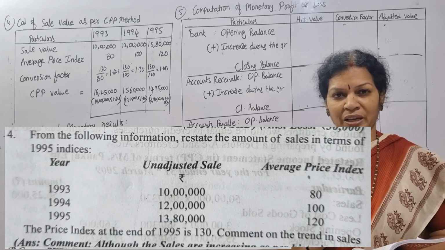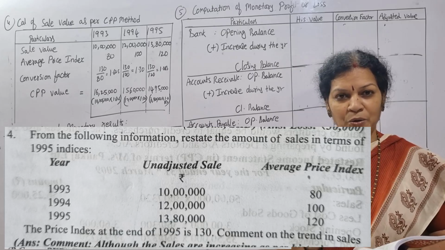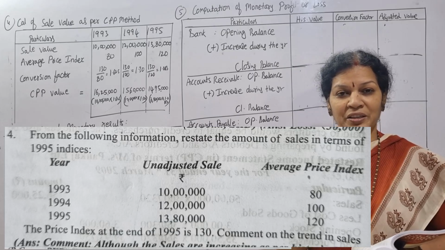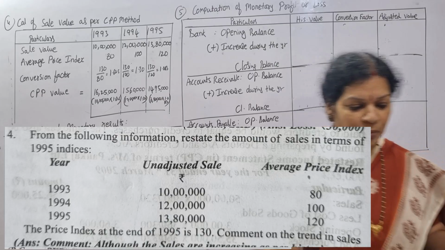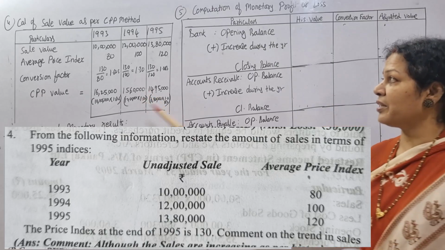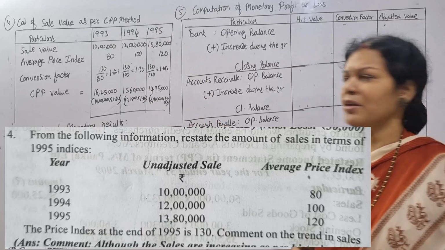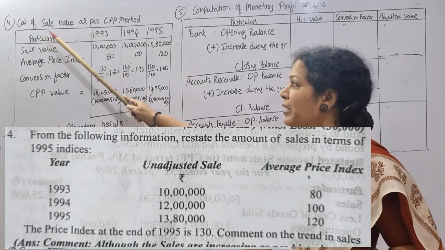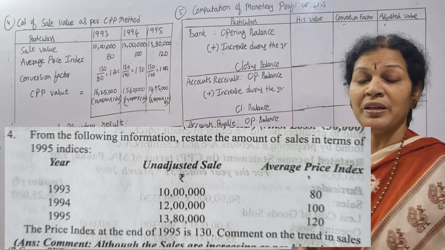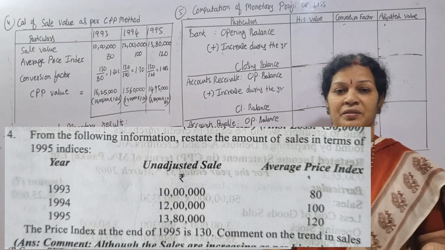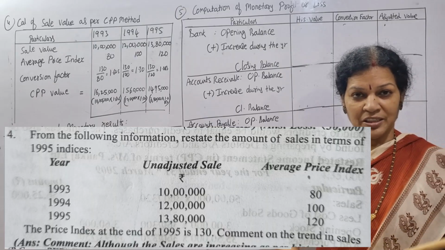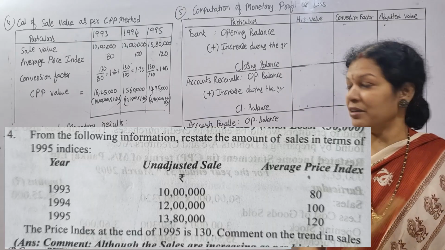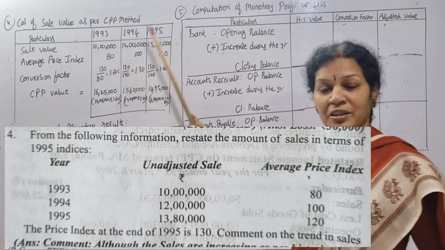First of all, we have to calculate the value of each and every year's sales as per the CPP method. I have already done the simple calculations. So, calculation of sale value as per the CPP method. We have to calculate the CPP value for these three years, 93, 94, 95.